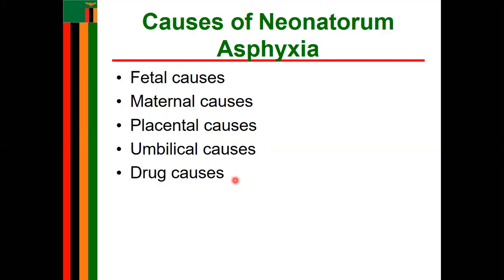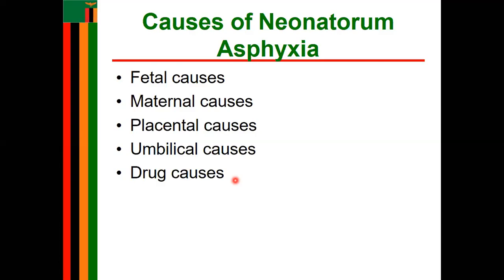Then when it comes to drug causes, it could be the mother taking drugs such as Valium shortly before delivery. This may impair oxygen supply to the newborn. Anesthetic drugs also depress the respiratory centers of the fetus.